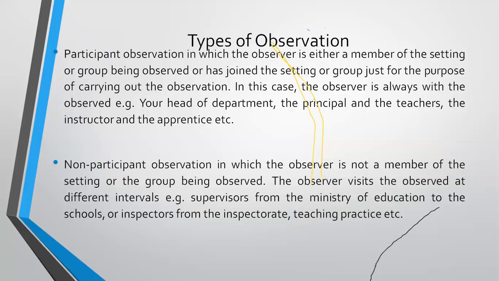For example, when supervisors come around for your clinical posting, they are not part of the system. They are non-participants, but they have just come to observe you for that time period. That is non-participant observation. And that will take us to questionnaire.